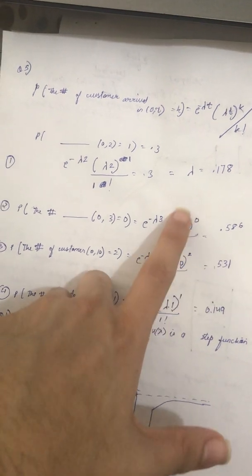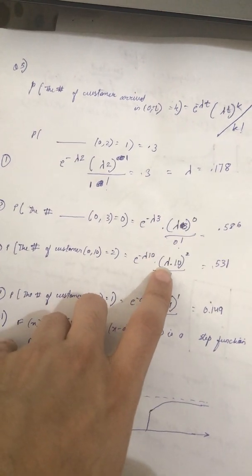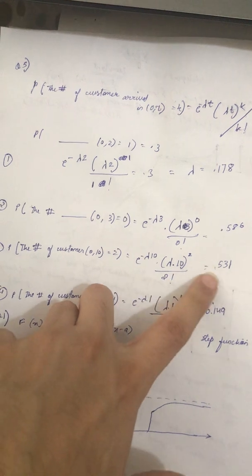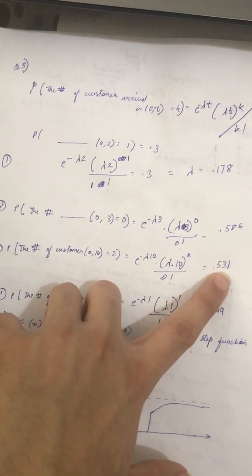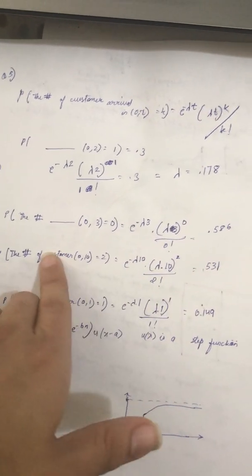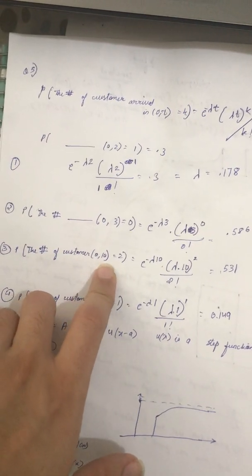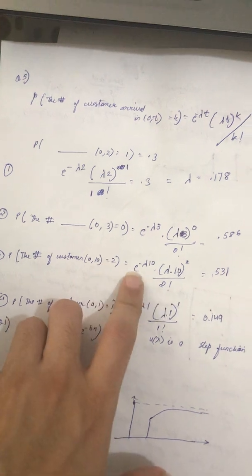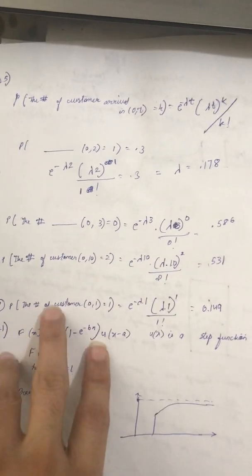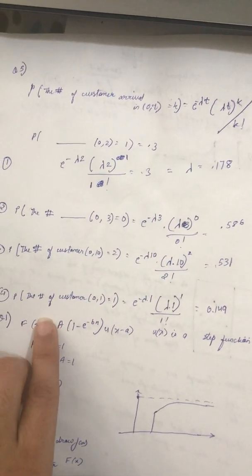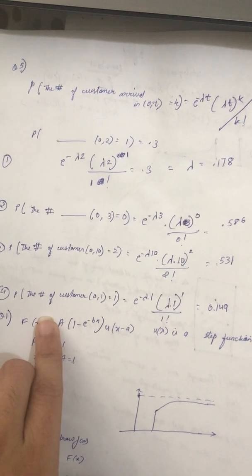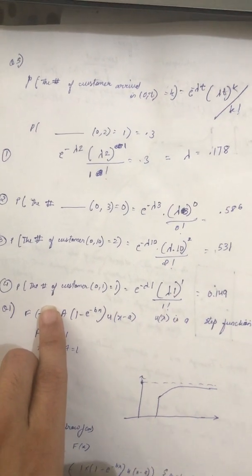Keeping the value of lambda as 0.178 and solving this equation, we get the answer as 0.531. So the probability of the number of customers arriving between time 0 to 10 being equal to 2 is 0.531.